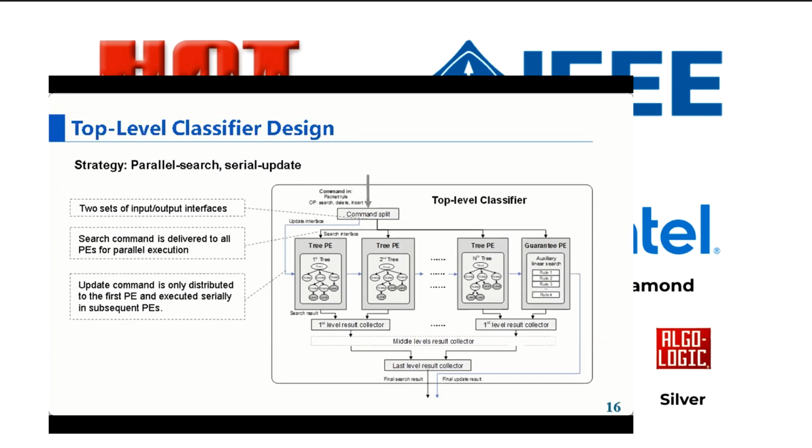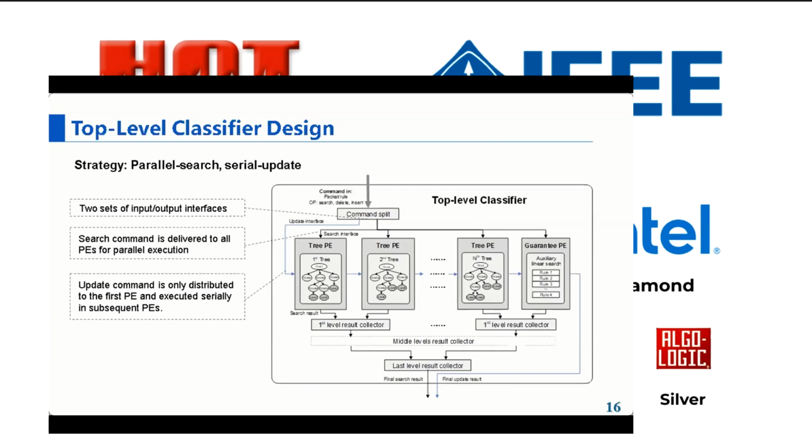The search command would be delivered to all PEs for parallel execution as shown with black arrows, whereas the update command is only distributed to the first PE and executed serially in following PEs as shown with blue arrows.